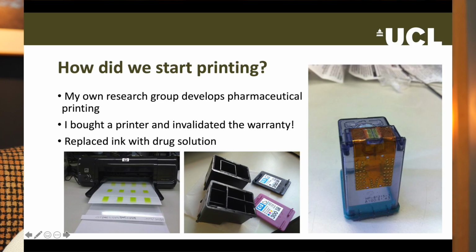Knowing that the printer worked, I had 2 excellent PhD students use them to develop medicines. On the left of the screen, you can see the results from one of them, who was tasked with printing polymer films containing drugs. The films are tinted green, so you can see them in the photos, by the way. We didn't actually think green films were a good idea. You might say to me, surely a single rectangle of polymer solution wouldn't make a strong film.